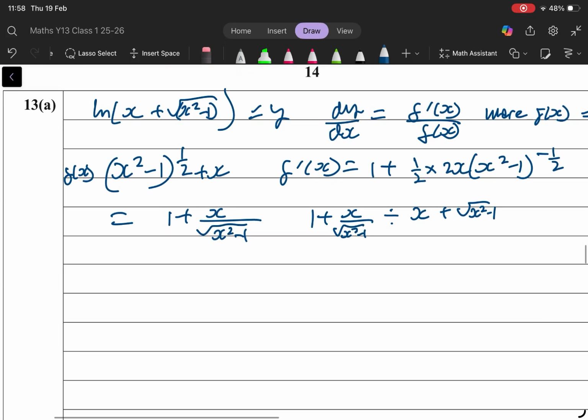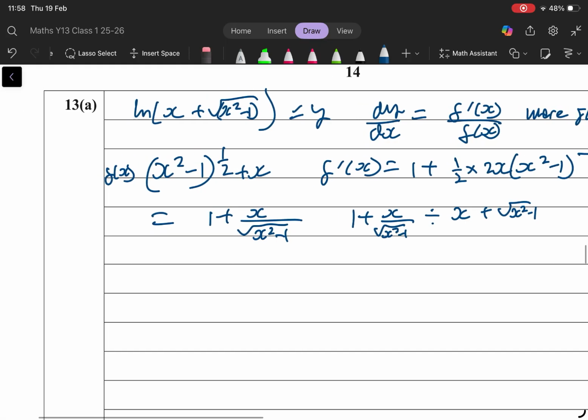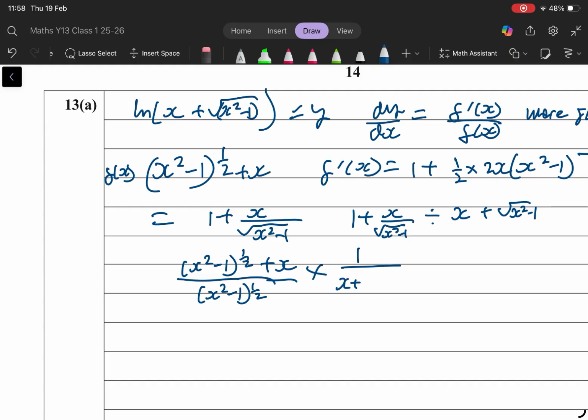So, I guess we can put that all over one denominator, because that'll make this easier. So x squared minus 1 to the half over x squared minus 1 to the half plus x, times, and then flip that over, so 1 over x plus root x squared minus 1.